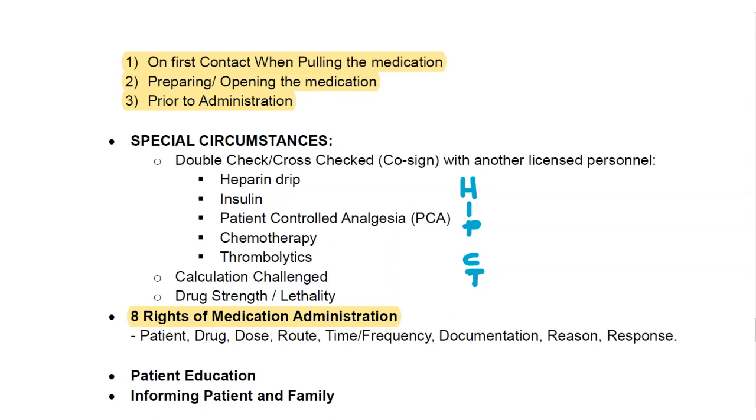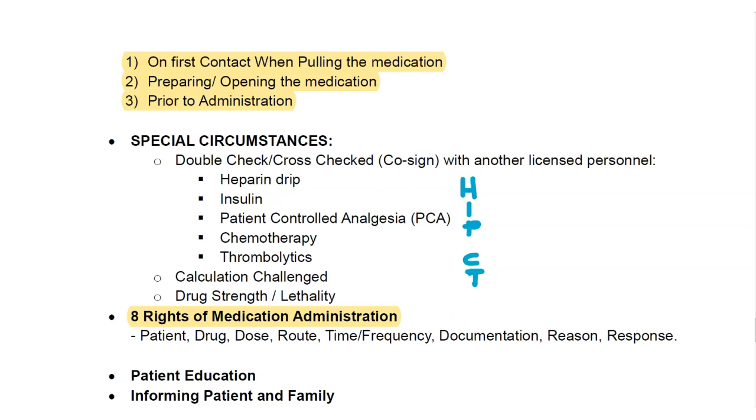Also, another way to make sure that the patients are safe, to prevent some preventable errors or adverse reactions, is to double check some high-risk medications. Double checking means requiring another licensed person to co-sign those medications with you.